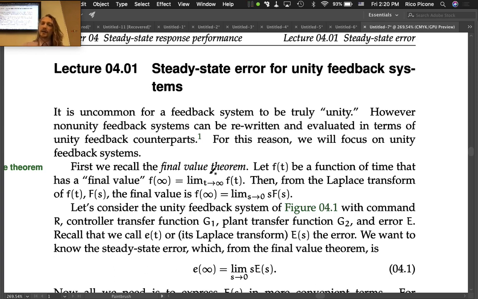Then the final value theorem says that from the Laplace transform of f(t), F(s), the final value f(∞) is the same thing, but instead of taking the limit as time goes to infinity, we're going to take the limit as s goes to 0 of s times F(s), the Laplace transform of the function of time f. So that's kind of cool. You can compute the final value in the Laplace domain. Convenient. We're going to come back to that.